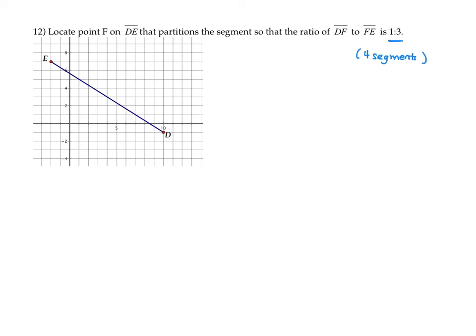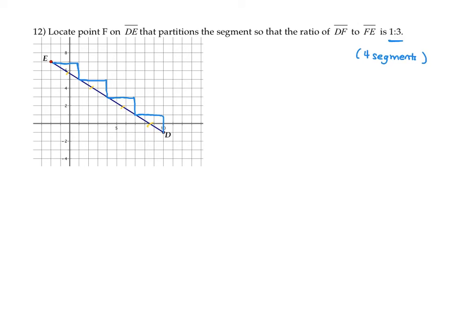Okay, so if we want to try to find a pattern here, it can go up 2 and to the left 3, up 2, to the left 3, up 2, left 3, up 2, to the left 3. Okay, notice that that creates 4 steps, or 4 congruent segments here.